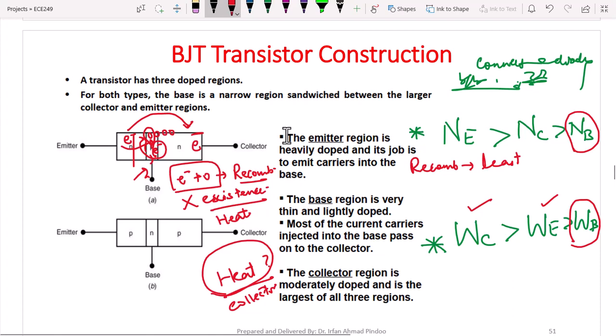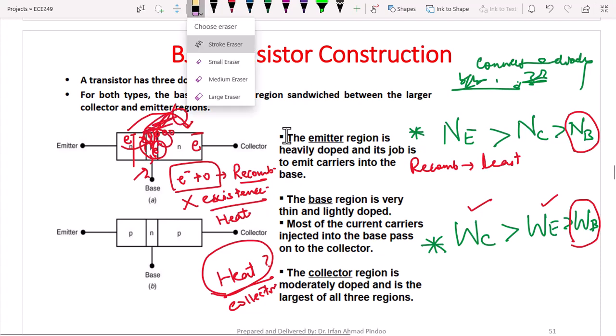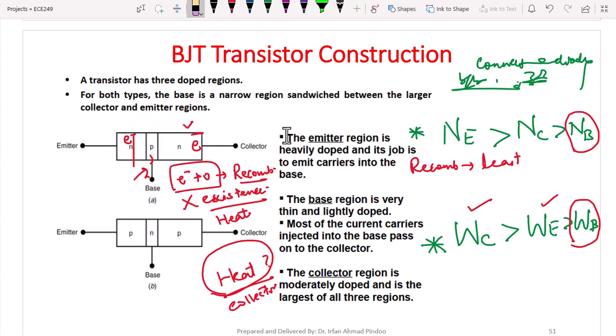And the second thing we are doing to ensure that maximum electrons reach the collector is having its area also less, because if suppose area is more here, suppose this is emitter, this is base, when these electrons move here, they will be having holes, so they will stay in this base for a longer time.